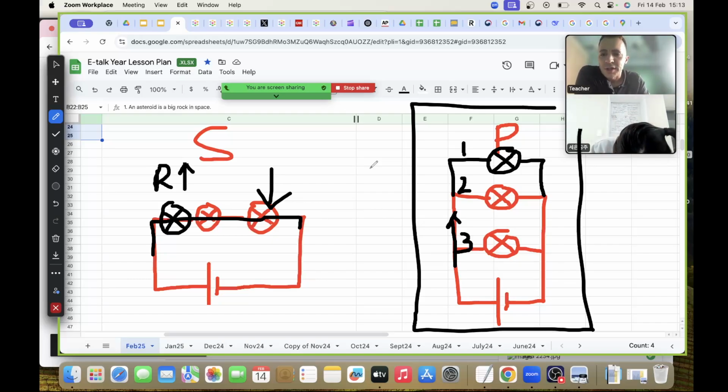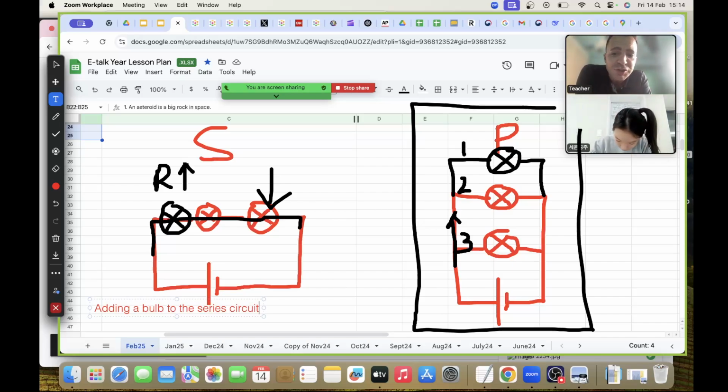Okay. All right, so we are adding bulbs. So let's write here, adding a bulb to the series circuit. Should I write that? Yes, please write this one with me.